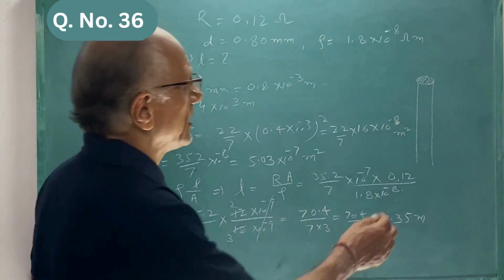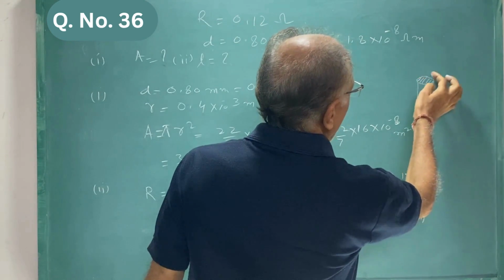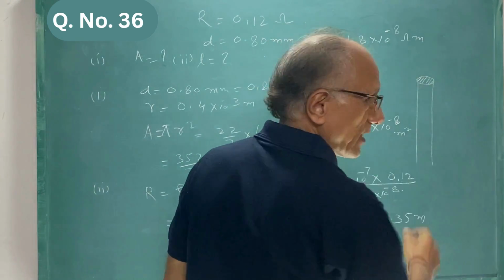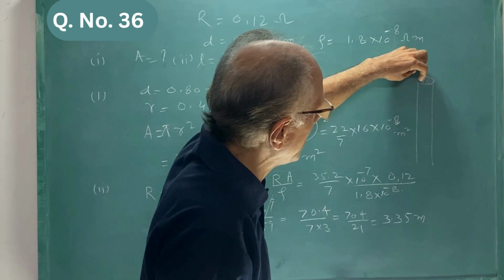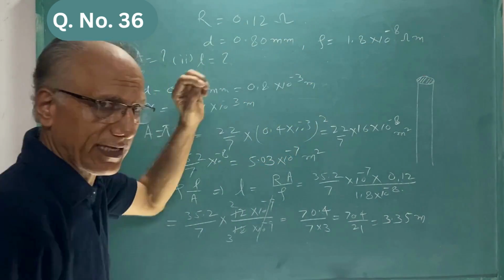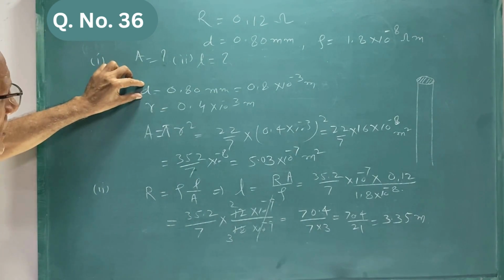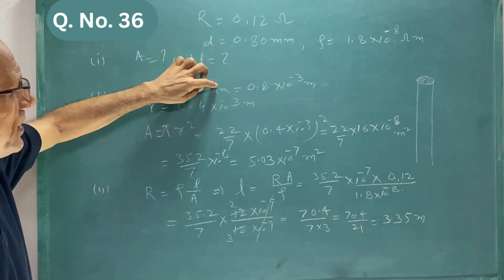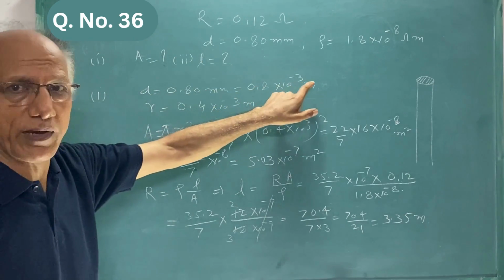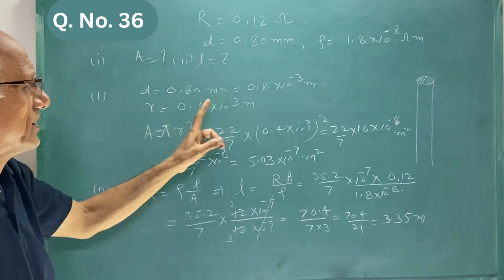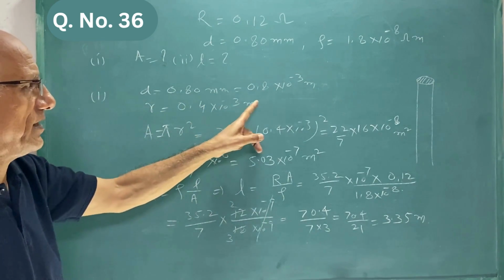Since the wire always has a circular cross-section, we have to calculate this area, and the area of the circle is always pi r square. It is given d equals 0.80 mm. That means 0.8 into 10 to the power minus 3 meter. So the radius will be half of this, 0.4 into 10 to the power minus 3 meter.